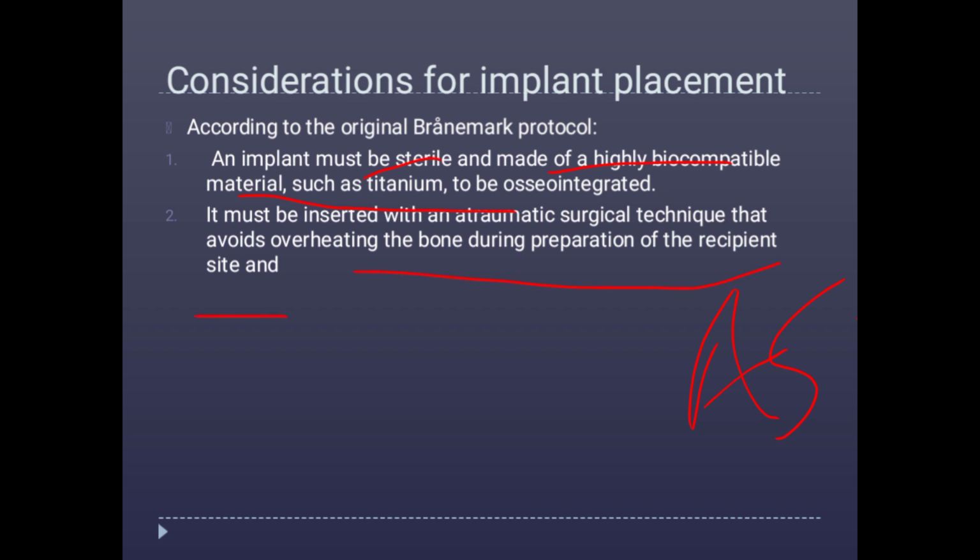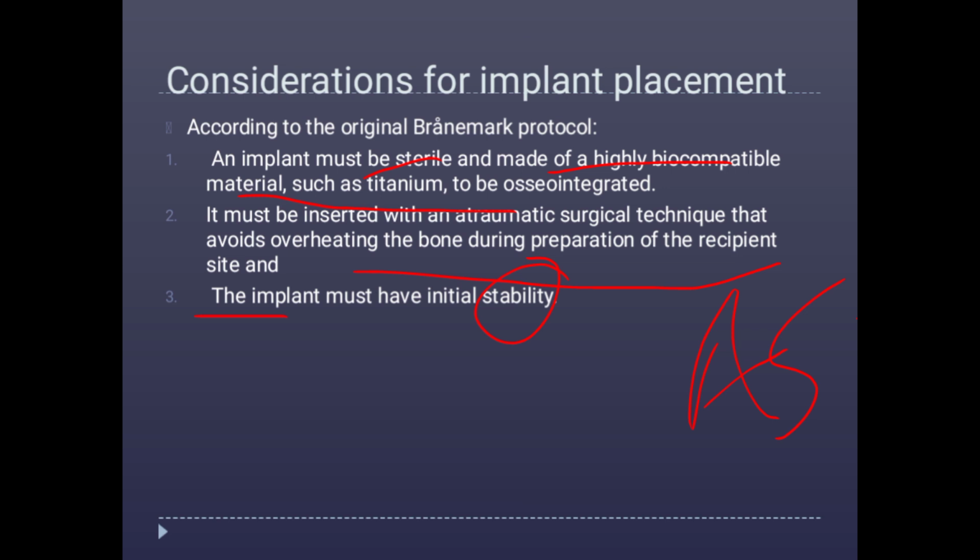So first it should be clean and biocompatible, second it should use the atraumatic surgical technique to avoid overheating of the bone when preparing the site. The implant must be initially stable.